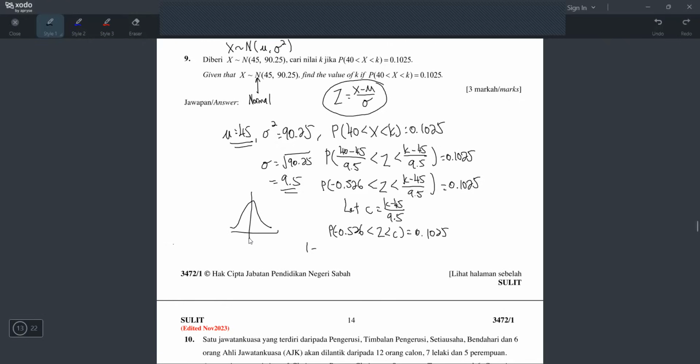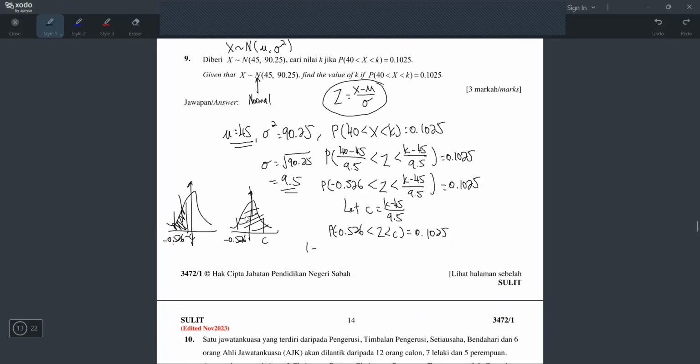It can be like this, where your C is here and the area in between here, or it can also be like this. Another possibility is your negative 0.526 is here, and then your C is negative here, and then you take the area here. Both these areas can equal to 0.1025, right? So we don't know actually if it's positive or negative. There's no way to prove it.